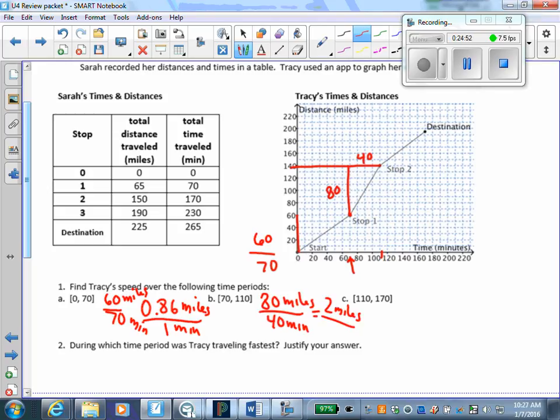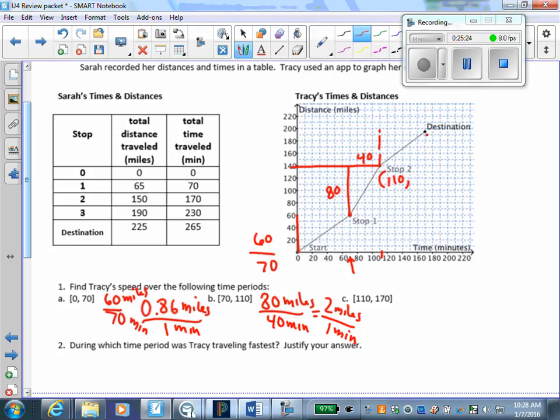And then from 110 to 170, let's see. Here she's at 140. She's going up. What is that? Is that halfway between these two? 195? I can't even see that. Let me look at the paper. Yeah, that's 195. Okay. I'm going to write these as points. This was (110, 140).